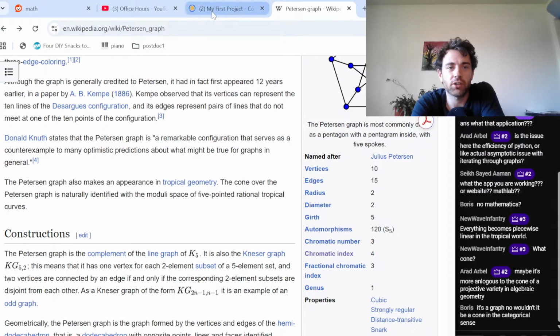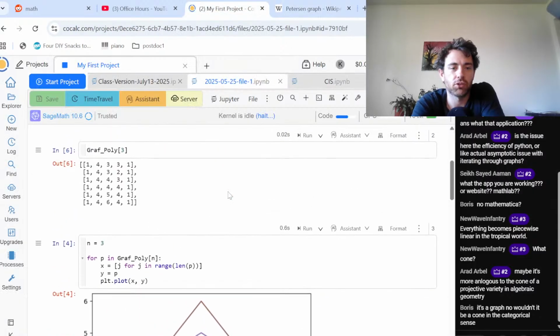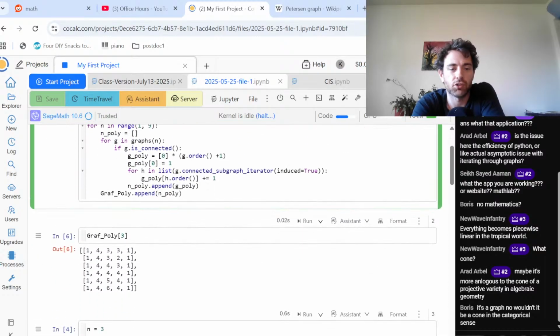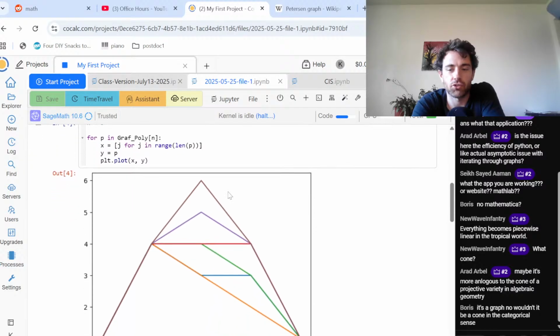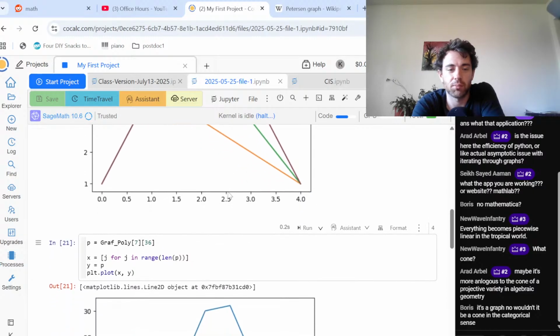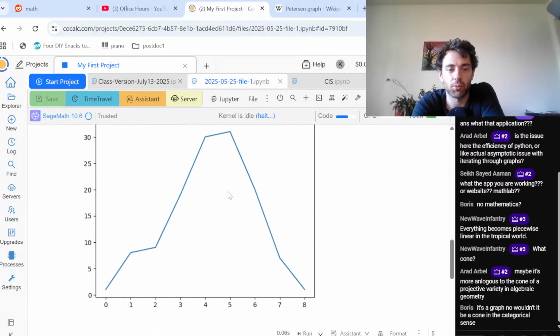The app I'm using here is CoCalc. What it's doing is running Sage ultimately, which is just awesome. MATLAB and Mathematica, I've never really enjoyed that much. Sage just has so much incredible functionality.